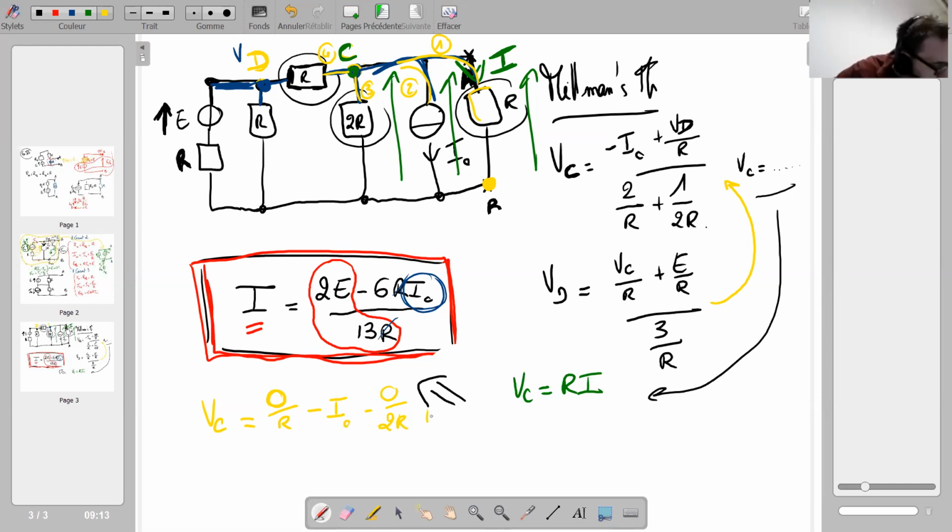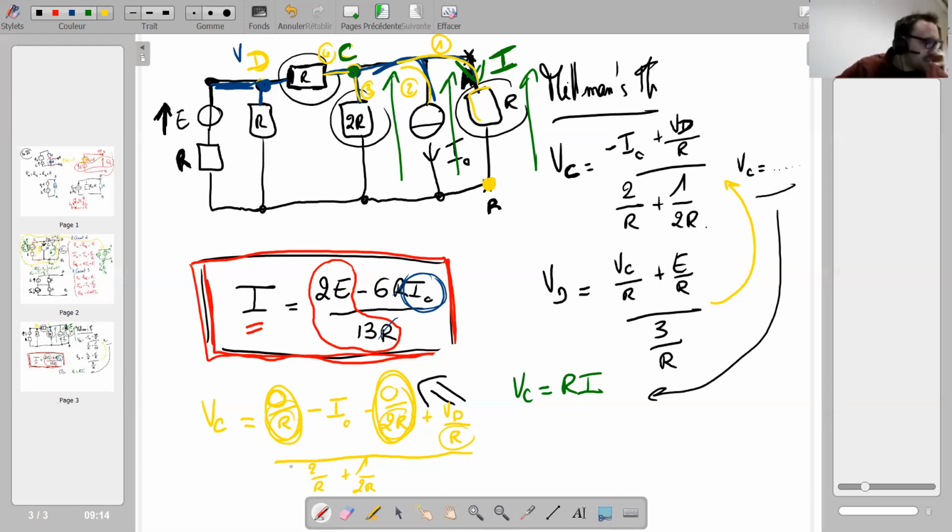And last branch, you have VD over R. And then you have only to consider here the resistors, which makes 1 over R plus 1 over 2R. Again, it's practicing. But if you do this, maybe it helps you to not forget any of these resistors in the denominator of your equation.